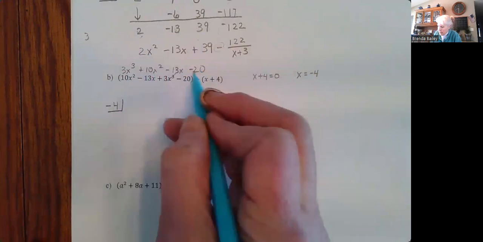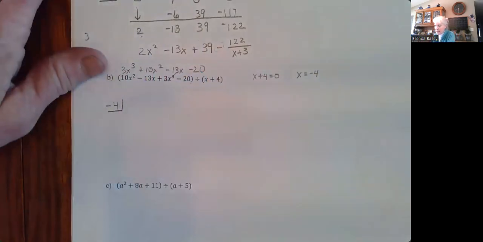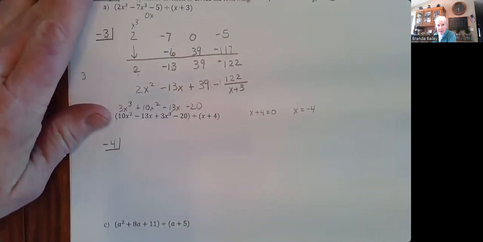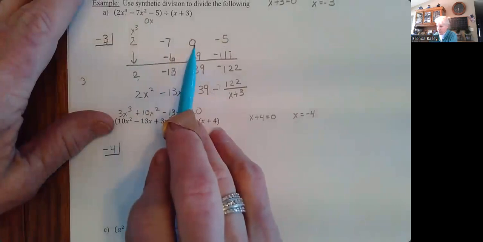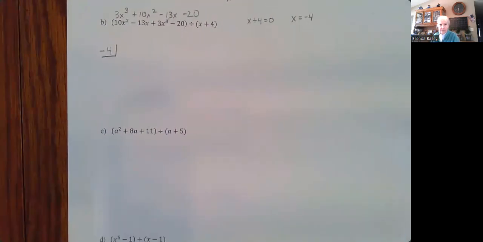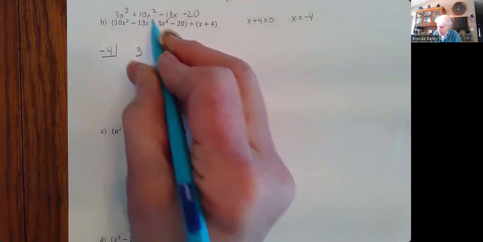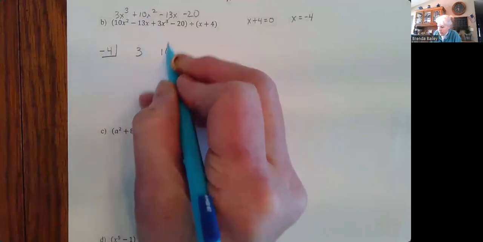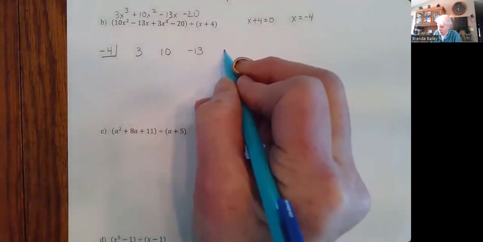So I put these in descending order. It doesn't look like I'm missing anything, so I will not have a 0 in a spot, because the last one was missing the x to the first, so I had to put a 0 there. All right, so we've got listing our coefficients, 3, 10, negative 13, negative 20.